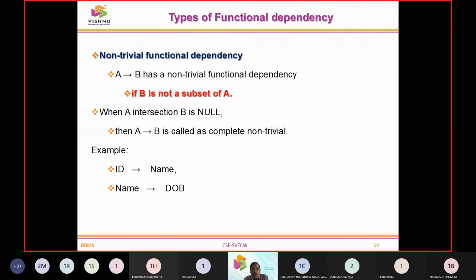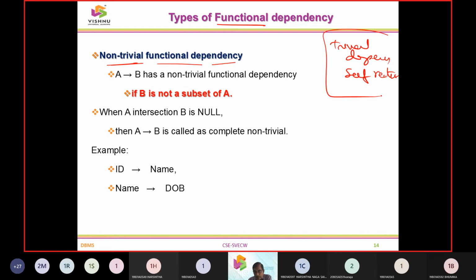Now, technically speaking, there is one more type of functional dependency we call non-trivial functional dependency. Earlier we talked about trivial dependency, where we have a self relation. But now we are talking about non-trivial dependency.